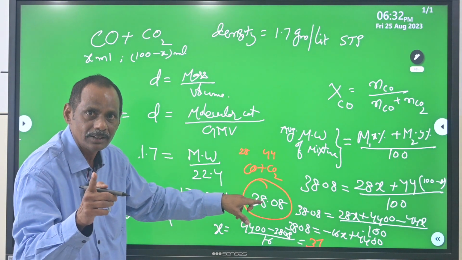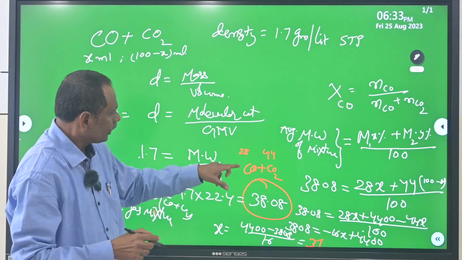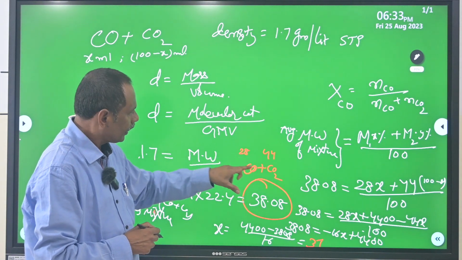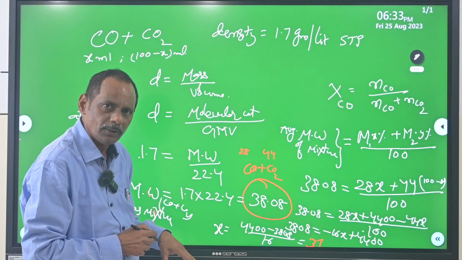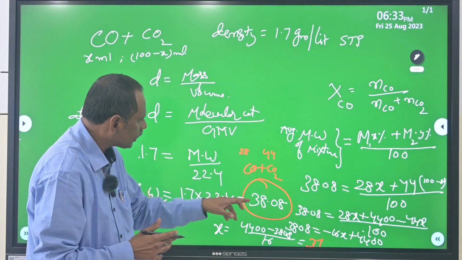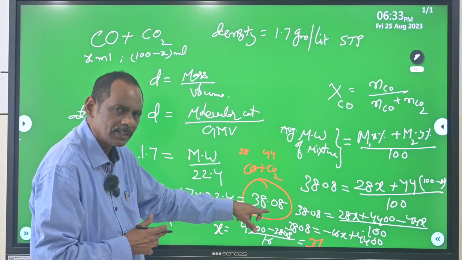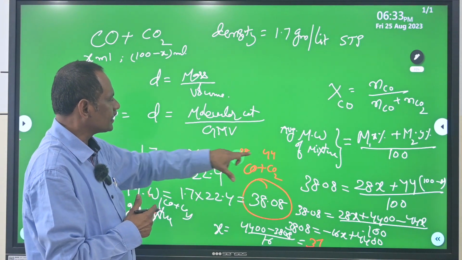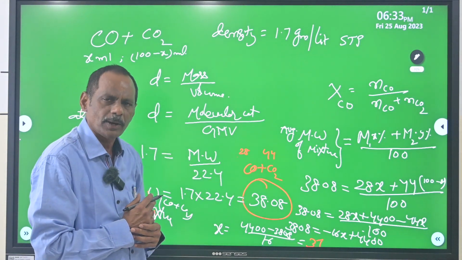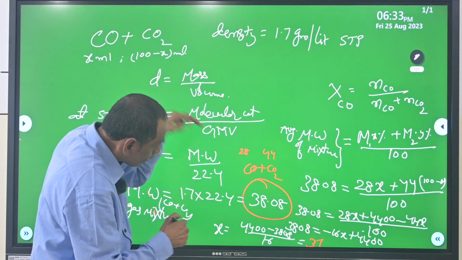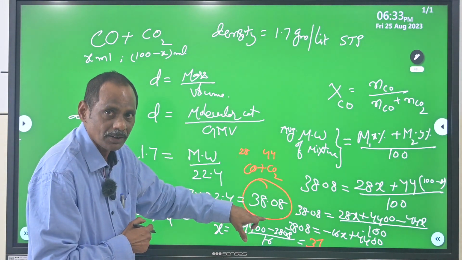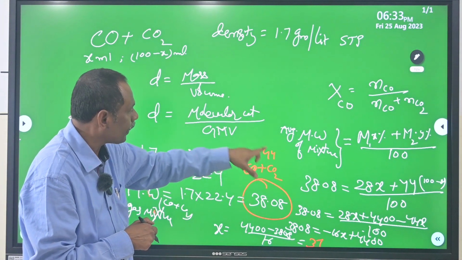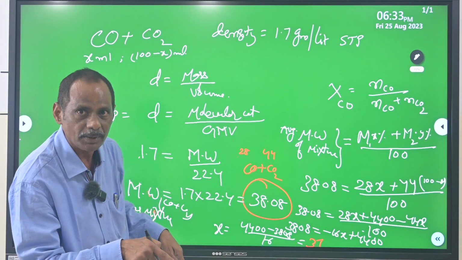Are you following? That means in the mixture some percentage X is carbon monoxide, and some percentage is carbon dioxide. Based on that average molecular weight, you can calculate the percentage of carbon monoxide and the percentage of carbon dioxide present in the mixture.